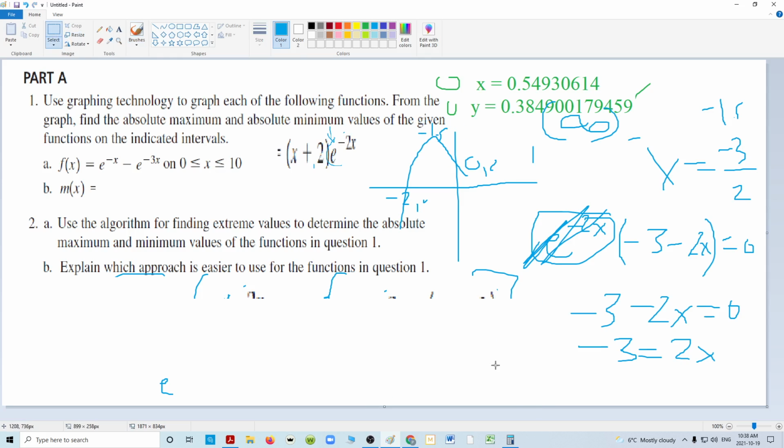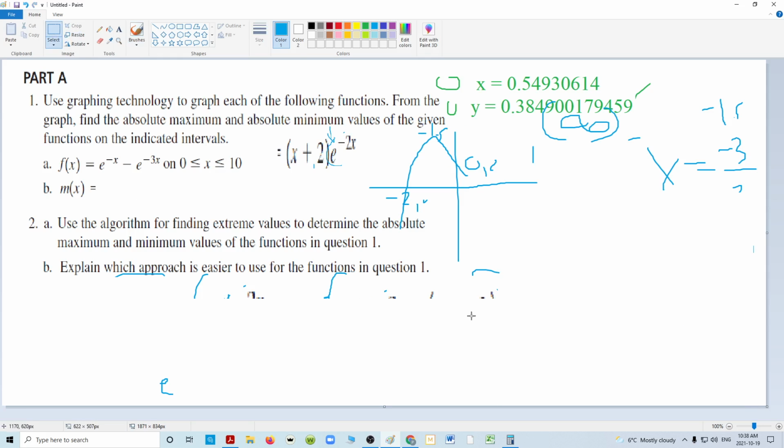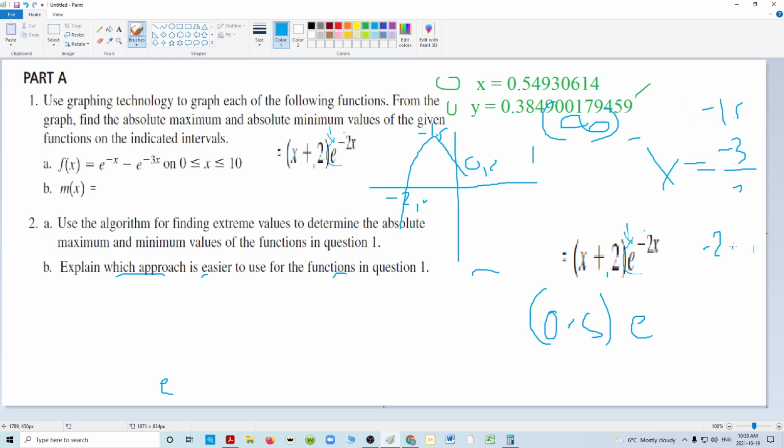Now all I have to do is plug it back into the original equation to figure out the y. Here's the original equation. When x is minus 1.5 in here, I get 0.5 e to the minus 2 times negative 1.5, which is plus 3. So I just get e to the 3 times 0.5.